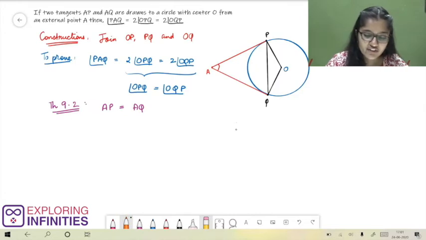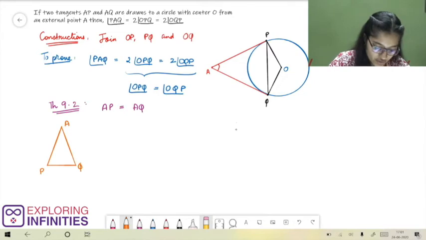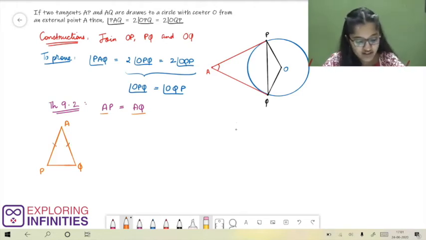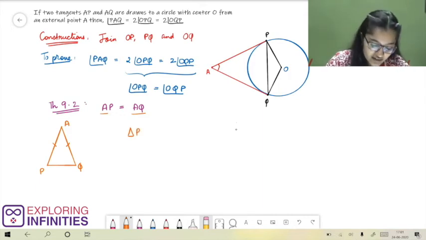In our figure, we have two triangles, triangle PAQ and triangle OPQ. Now let us consider triangle PAQ. This is triangle PAQ. Now we have seen that AP is equal to AQ. So in triangle PAQ, this side is equal to this side. That means this triangle has two sides of equal length. So we can say that triangle PAQ is an isosceles triangle.